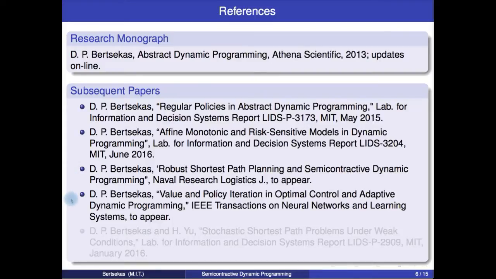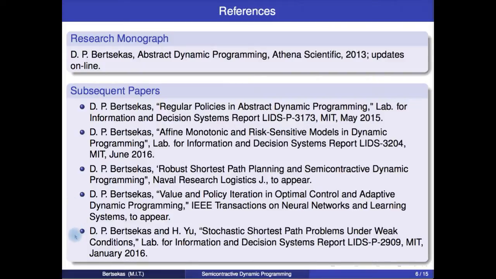The next paper deals with optimal control problems with continuous state space, which are the basis for the field of adaptive dynamic programming. Finally, a joint paper with my longtime collaborator, Huizhen Jenny Yu, which has been around for some time, and the latest version is given in a report from January 2016.